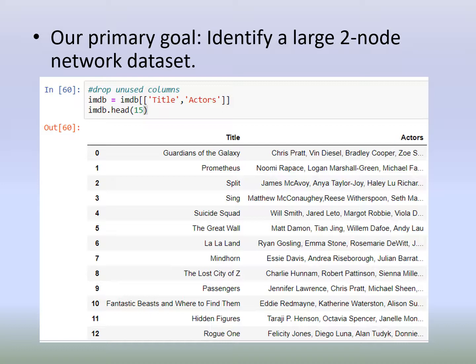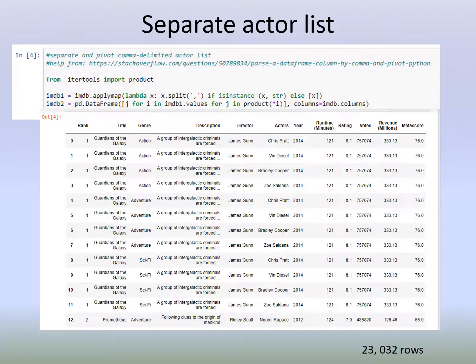Our primary goal is to identify a two-node-type network database. So after we dropped the unused columns, we got only titles here and actors here. However, in the actors column, one row has many actors. It's difficult for us to manipulate, so we used a pivot table to make the table longer.